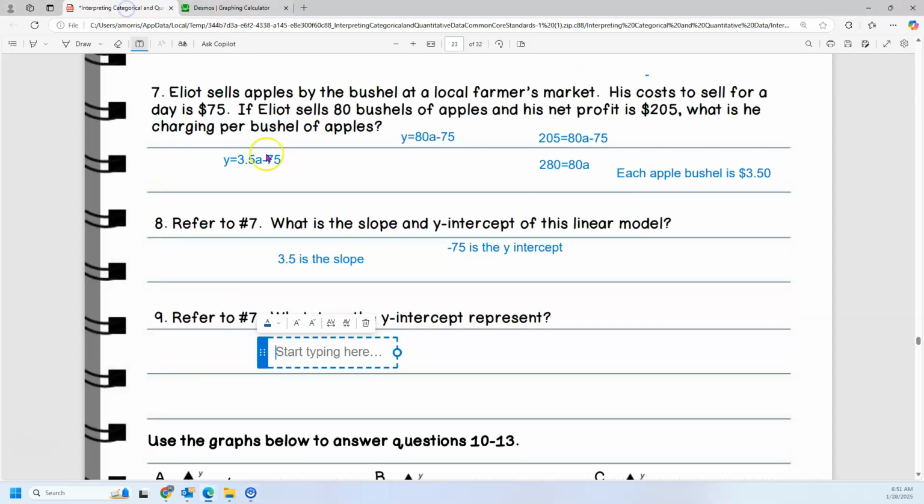$75, okay? So when I sell no apples, I am in debt $75. Another way to look at it, it costs like $75 just to set up to sell apples.